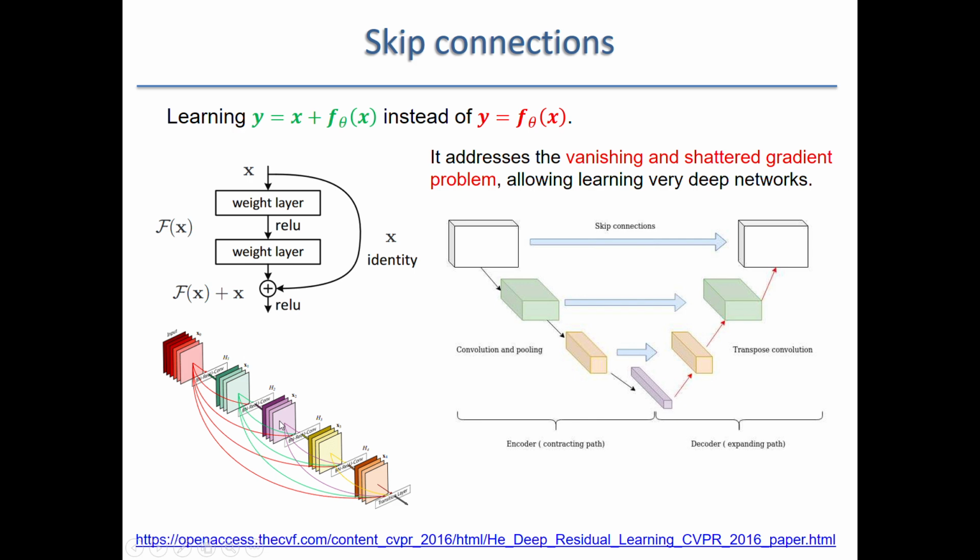And with these skip connections, you can train very deep networks, because the gradients do not vanish, which they would if you don't have the skip connections and you have a very deep network.